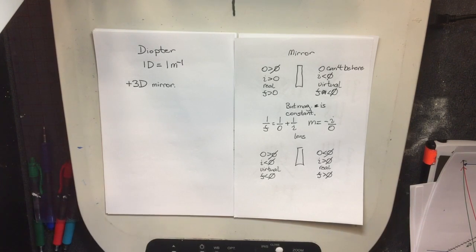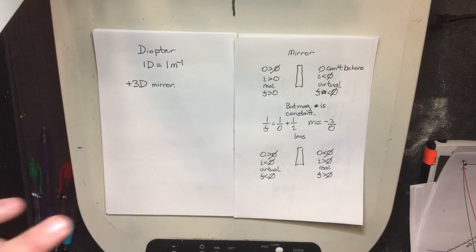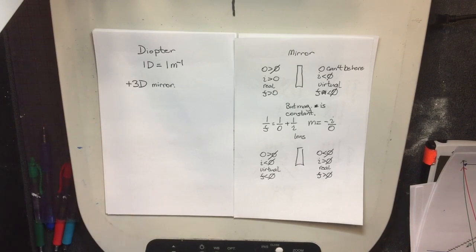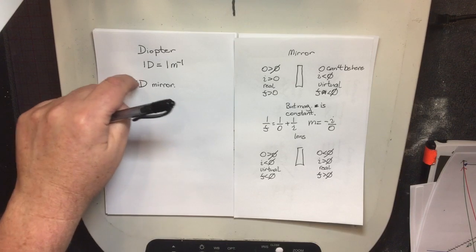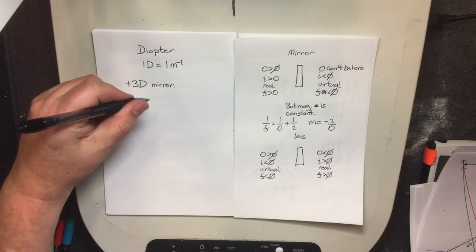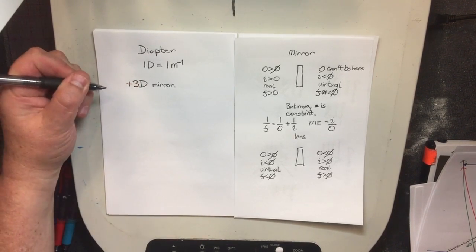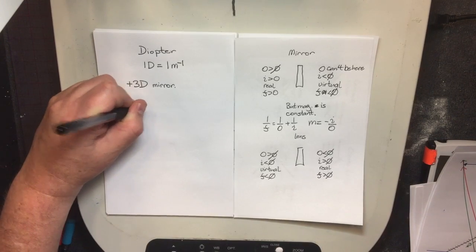So a diopter, I catch people with this a lot. A diopter is an inverse meter. If you have a positive 3 diopter mirror, is the mirror concave or convex? It's positive. You take this and invert it.